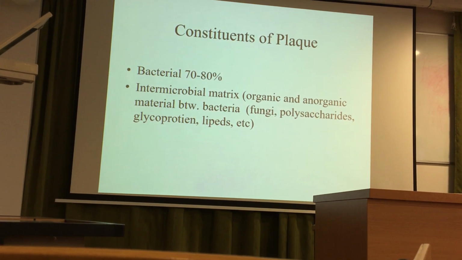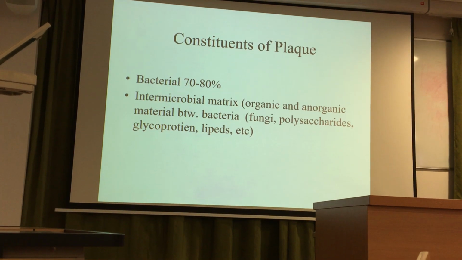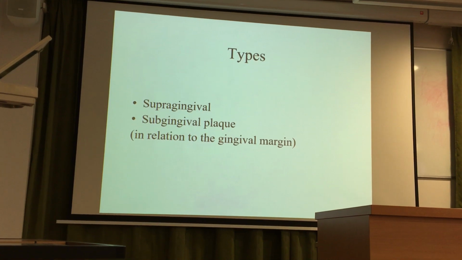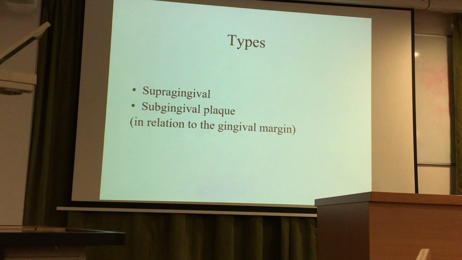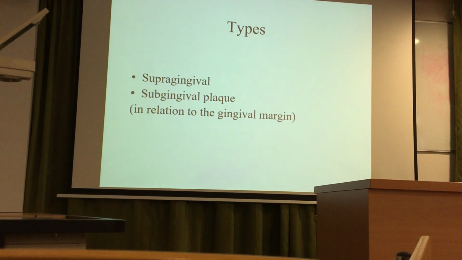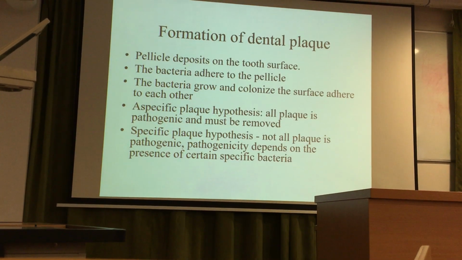These are the most important parts of the content of the plaque. And the types of plaque, periodontally important, are supragingival and subgingival, so above the gingival level and below the gingival level, and the removal is different.